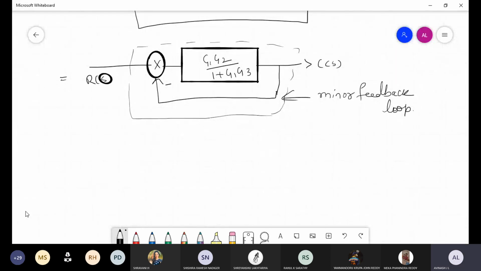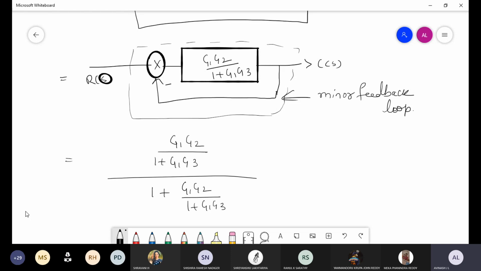So now it will become what? G1 G2 divided by 1 plus G1 G3, whole divided by 1 plus G1 G2 divided by 1 plus G1 G3, into 1. Correct.